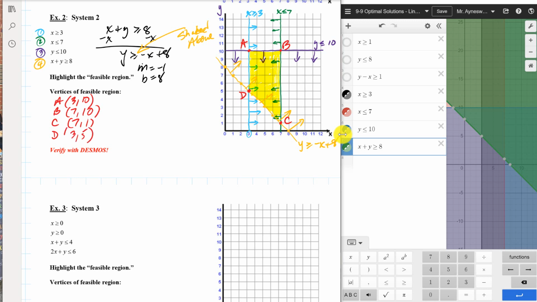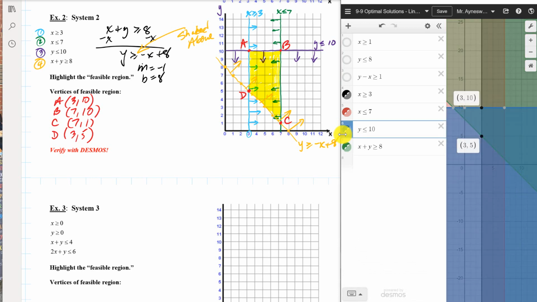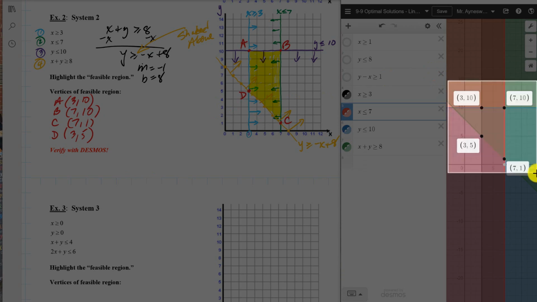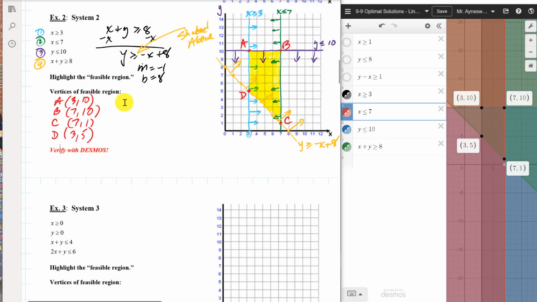Now, once we do this, we go to Desmos and click on them. What's cool about Desmos is you just click on your corner points and they show up. You'll notice that the 4 corner points here correspond to the 4 corner points on the left. All right, so let me grab this just to show you.